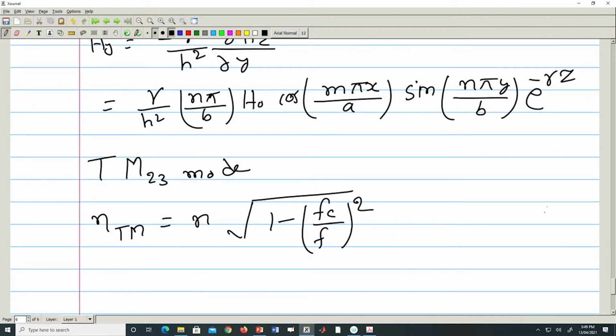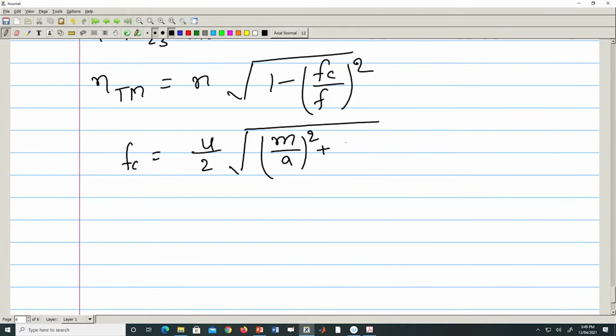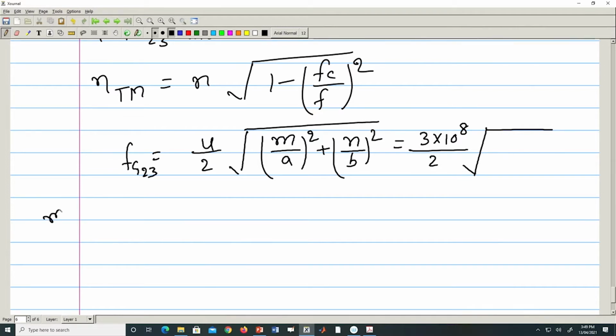So, Fc we can calculate. Fc will be u by 2 a square root of m by a whole square plus n by b whole square. Because this is air filled, so u will be c, that is same as the velocity of light, that is 3 into 10 to the power 8 by 2 a square root of, and because this is for the TM23, this m will be 2, and n will be 3.